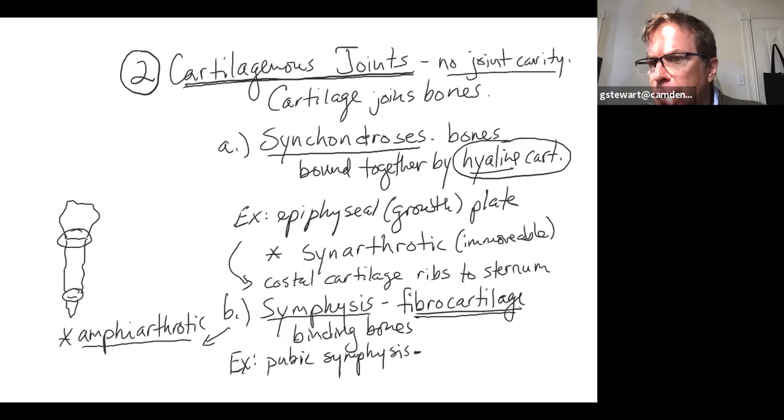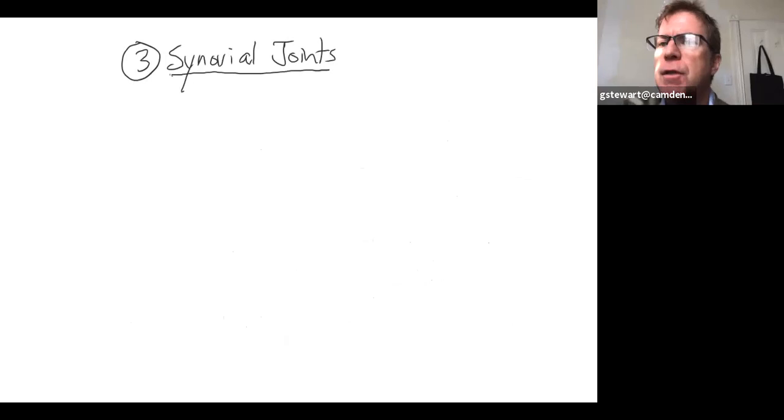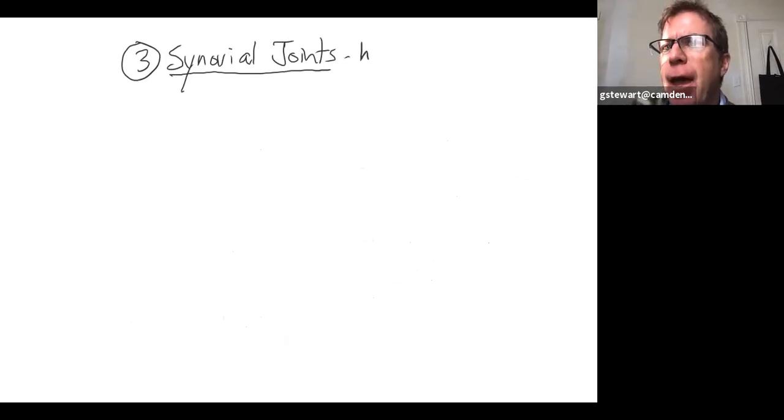And now the third structural type of joints, number 3, are synovial joints. This is what you and I think of when we hear the word joints. Structural classification, synovial joints. What this means is that they have a fluid-filled joint cavity.